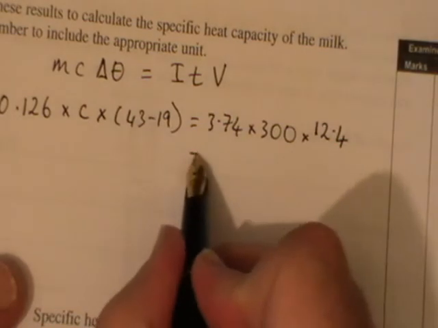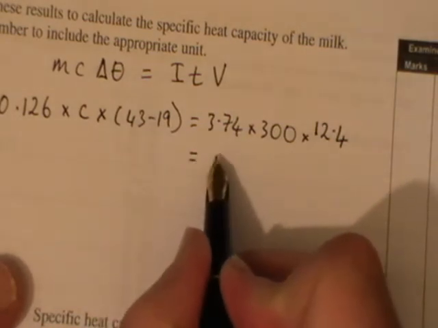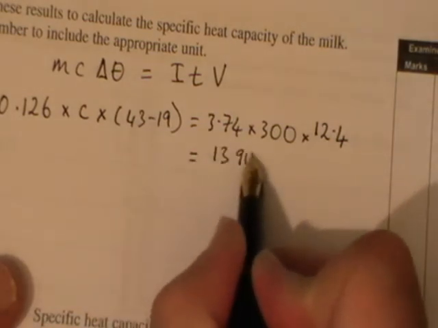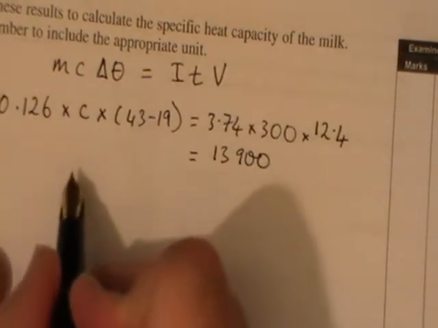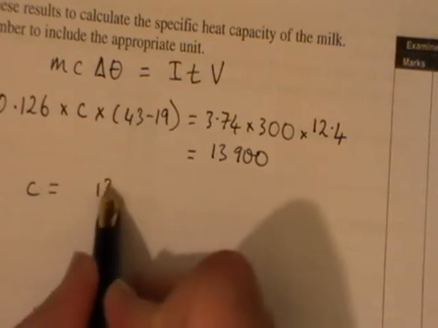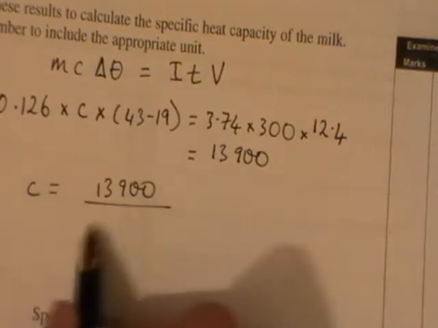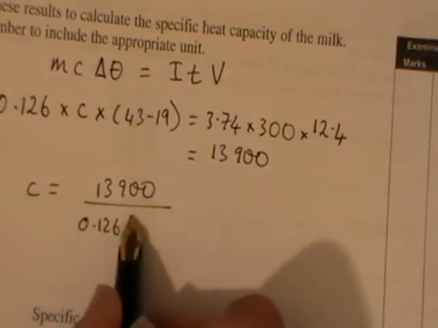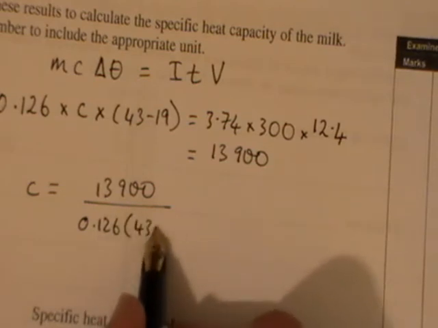So when we multiply all that out, that's equal to 13,900, and so that means C is equal to 13,900 divided by 0.126 times 43 minus 19.